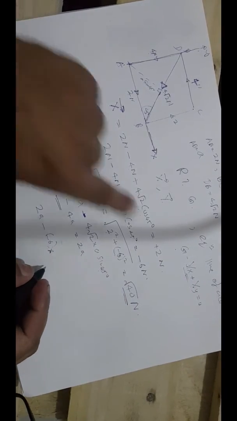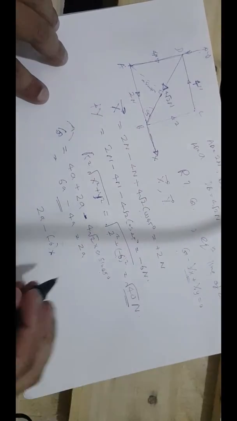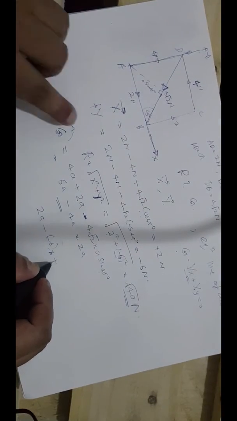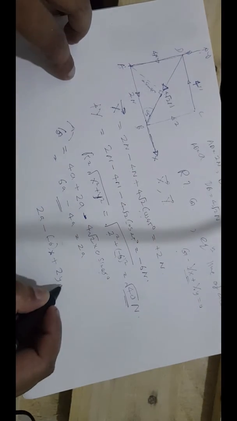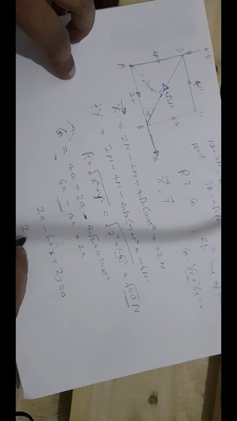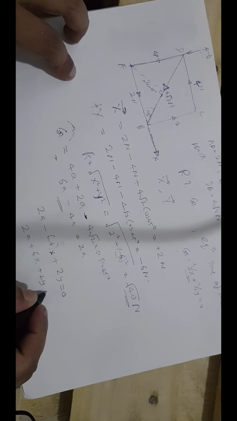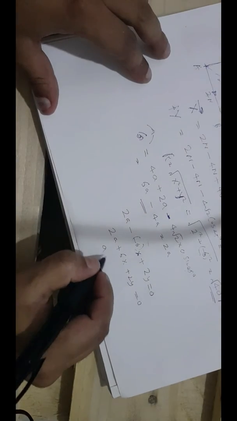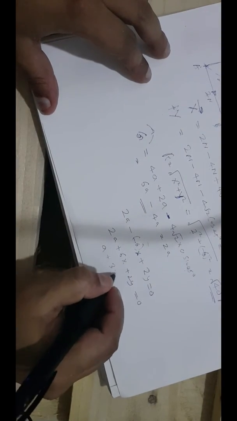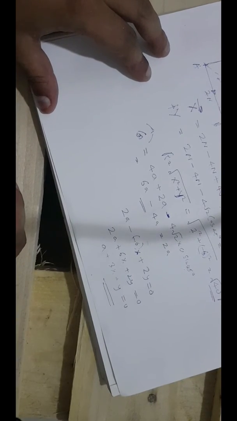Small x and small y are the variables of the equation. Plus X, which is 2, into y equals 0. So altogether 2A plus 6x plus 2y equals 0. 2 is a common factor, so that gives you A plus 3x plus y equals 0. This is the line of action.